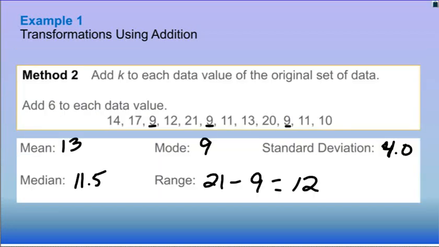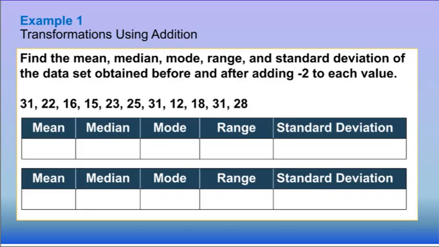But you should see that your standard deviation would not have changed on that. And the range also would not change because it's still going to be 12 distance away. All the other numbers like your mean, your median, and mode, those would all vary because you'd have to add 6 from the original number to get those numbers.